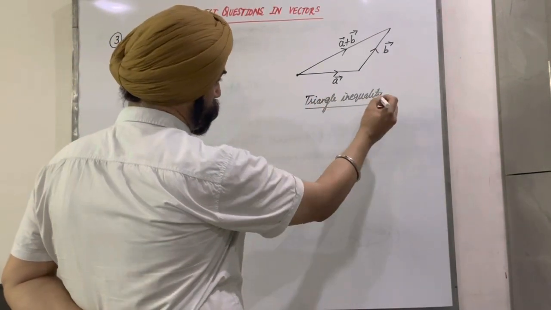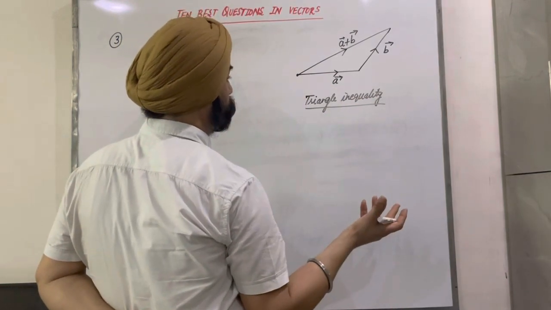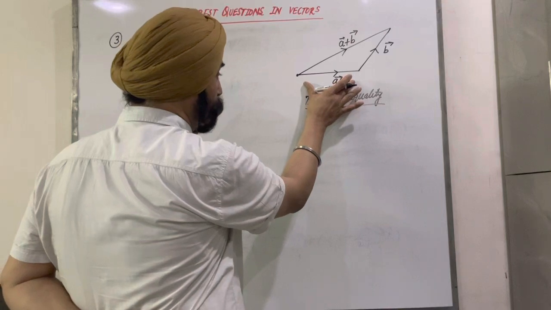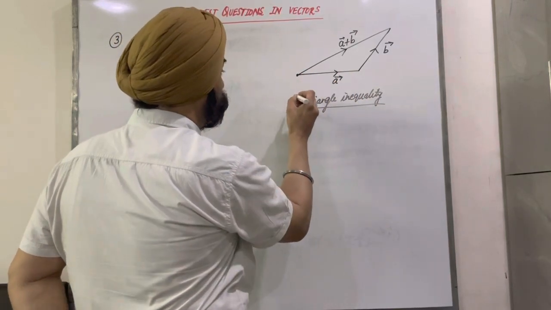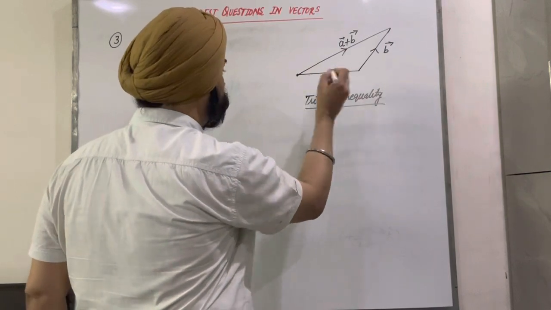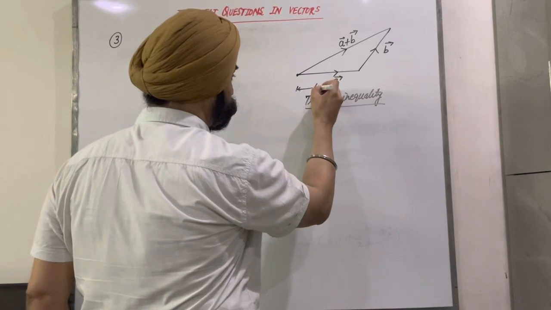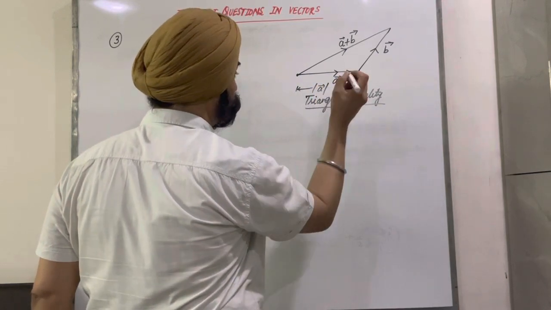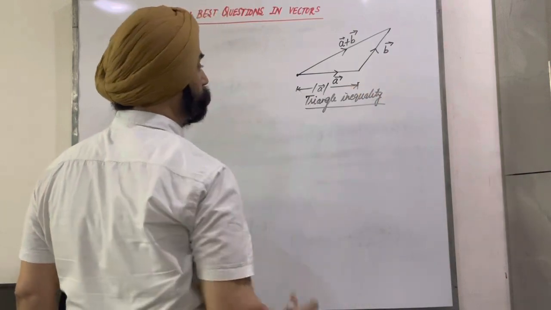Now when we have to say the length of a side, this is a vector which is representing this side. If I have to represent the magnitude of this vector or the length of this side, I need to write its magnitude or modulus of vector A, which is exactly this length.